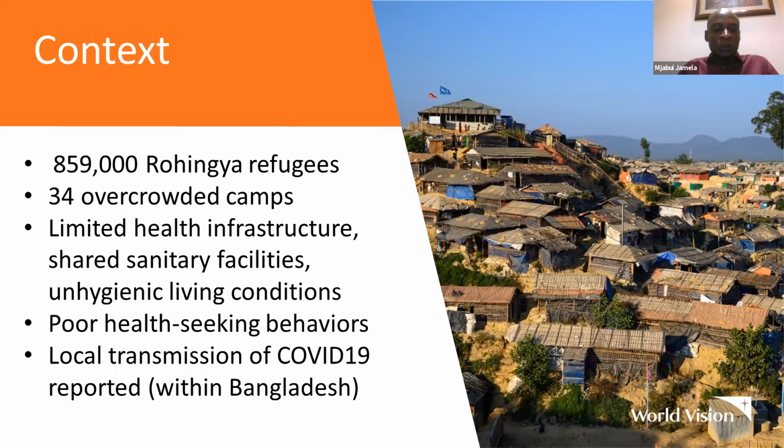And also, we know from the reports that there is elevated prevalence of acute respiratory infections. We're talking around 170,000 cases reported since January. And this is from a WHO source published on the 20th of March last month.